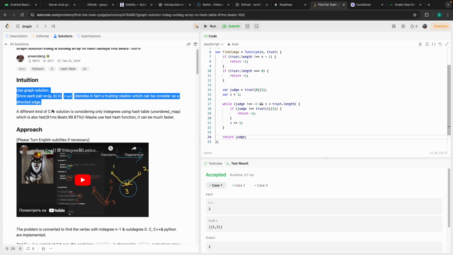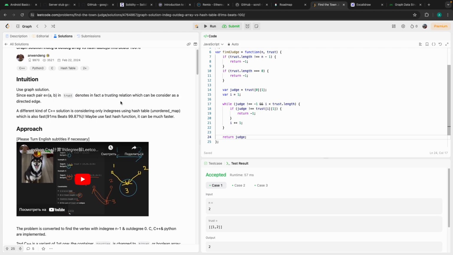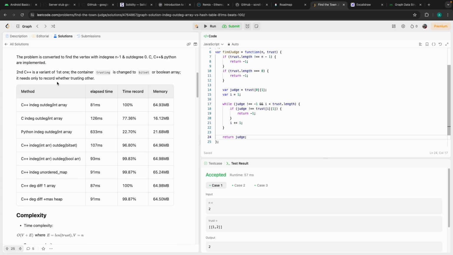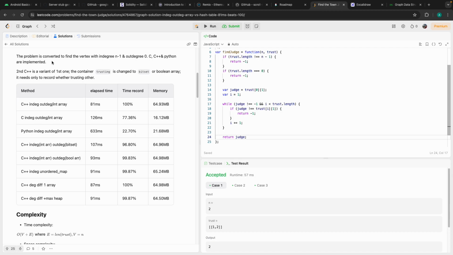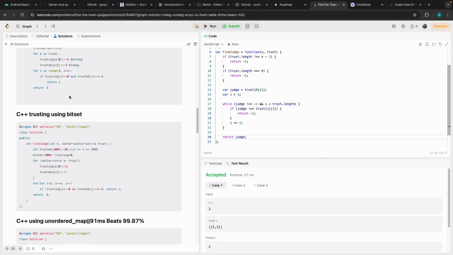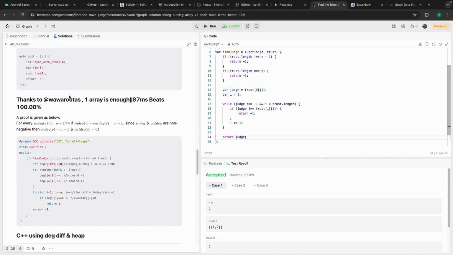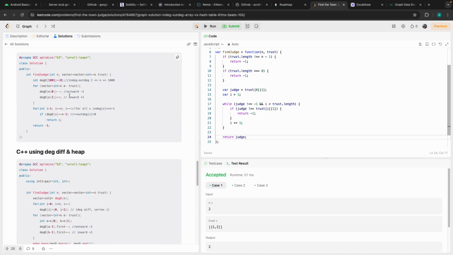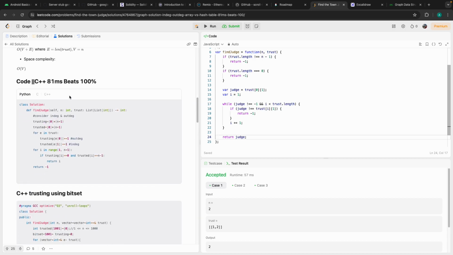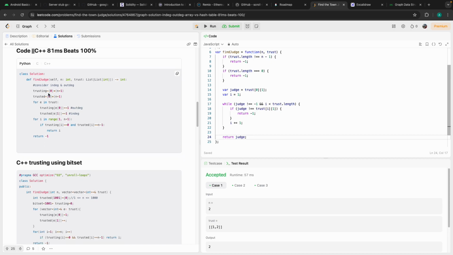Each pair in trust denotes, in fact, a trusting relation which can be considered only in degrees. The problem is converted to find... I can't get it. Trusting, trusted.